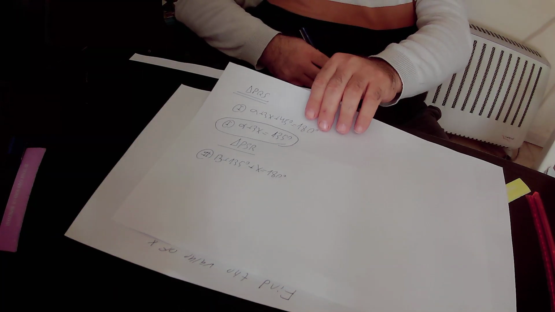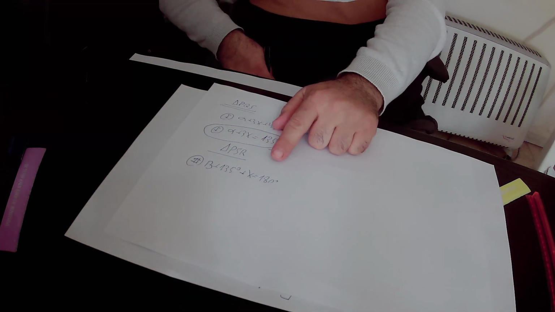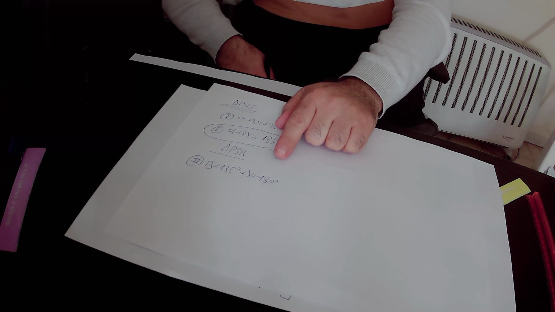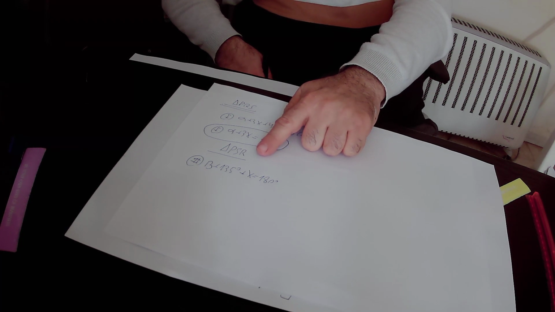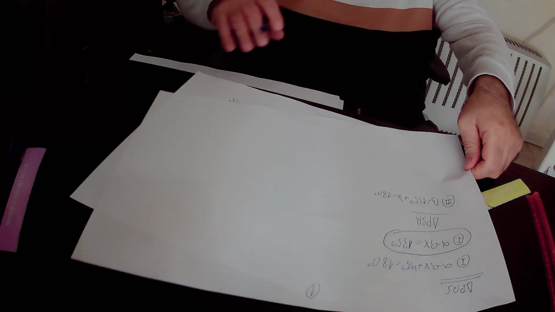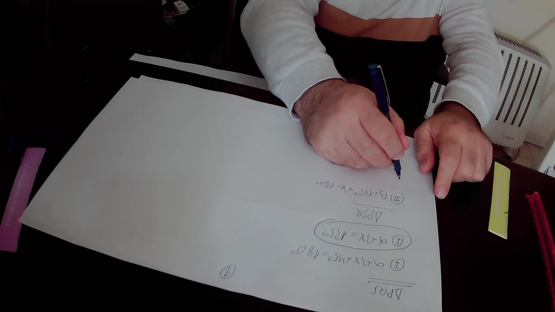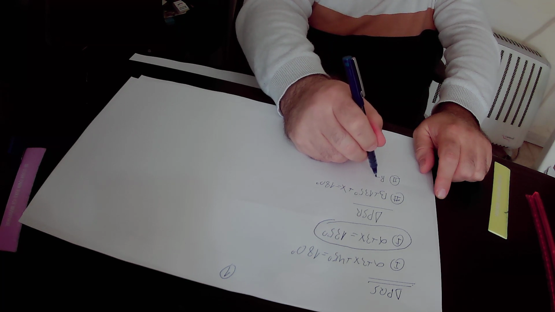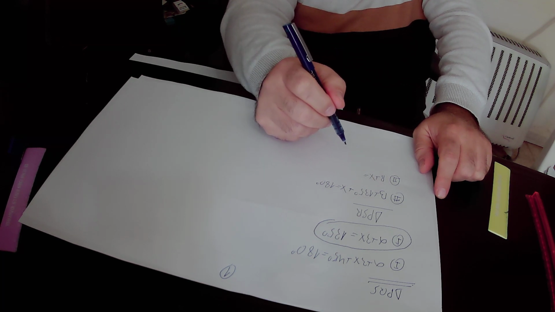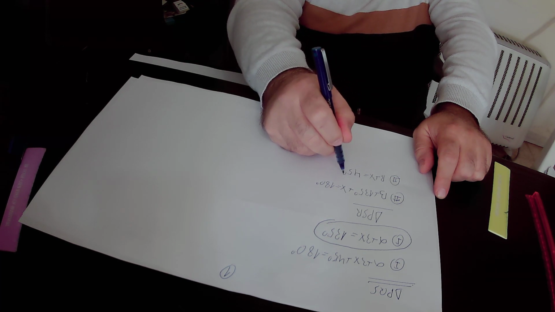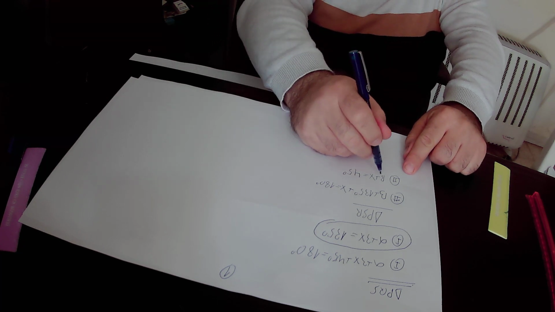Here we'll subtract 135 degrees from this equation, equation number 2, and we will get that beta plus x equals 180 degrees minus 135 degrees, which is 45 degrees.